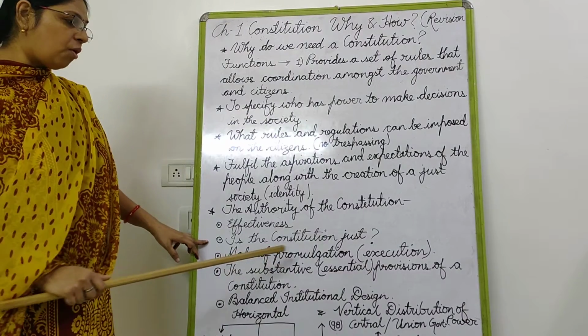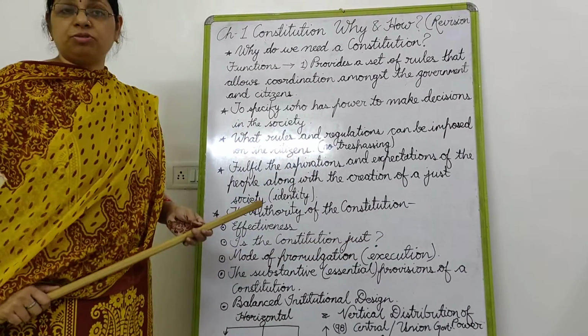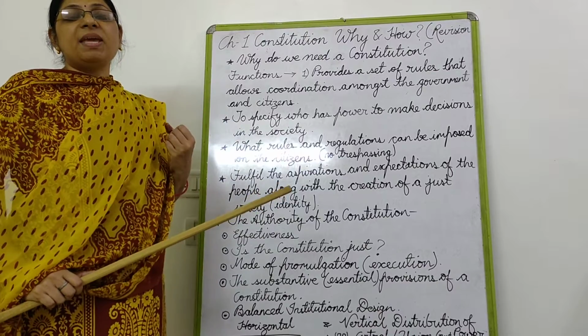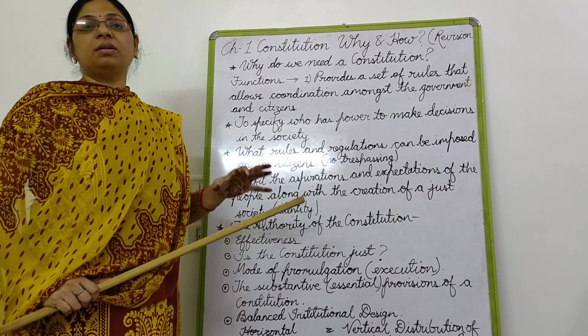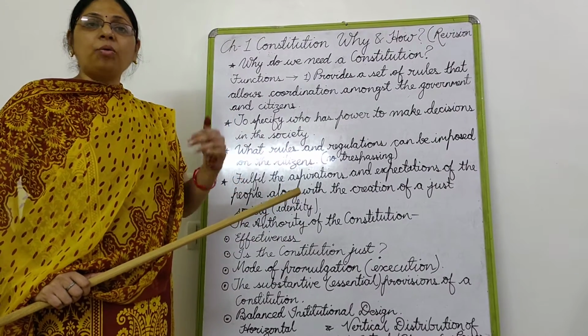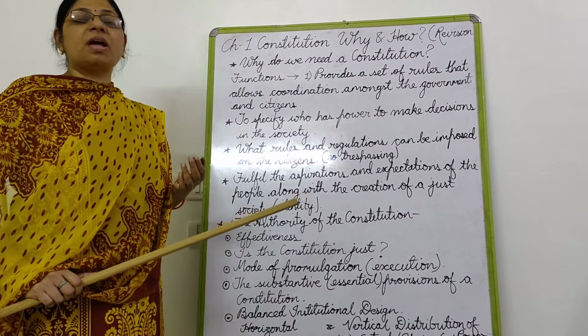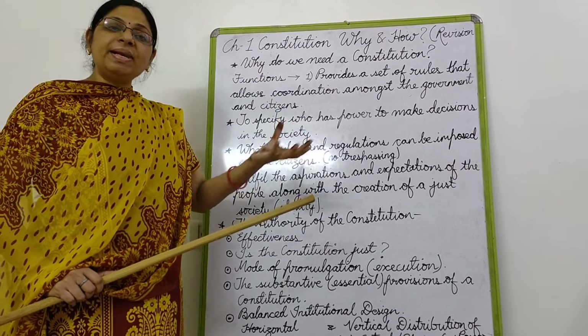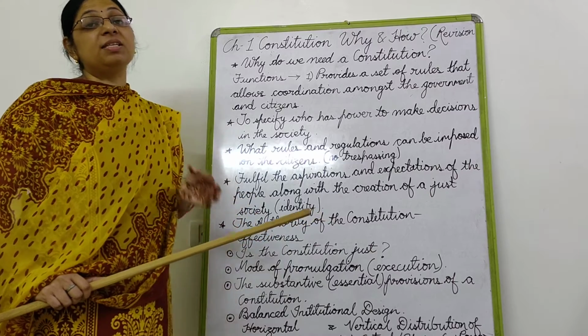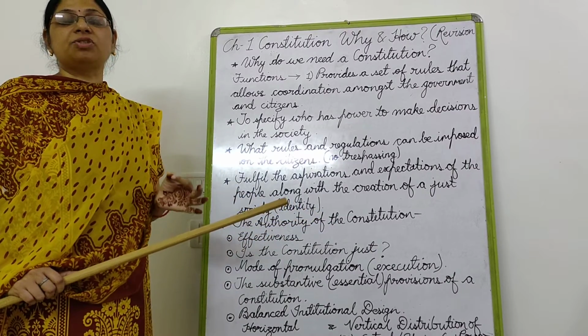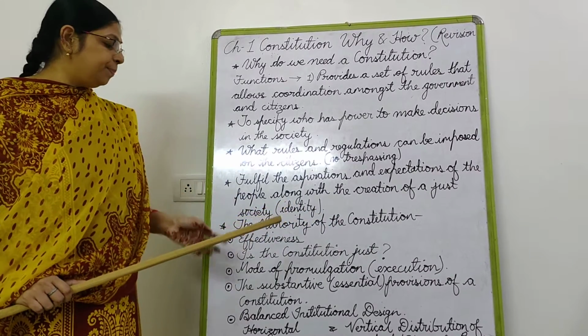Now, the mode of promulgation or execution. Just making laws is not everything. How to execute or implement those rules and regulations is the key to the success of any constitution.